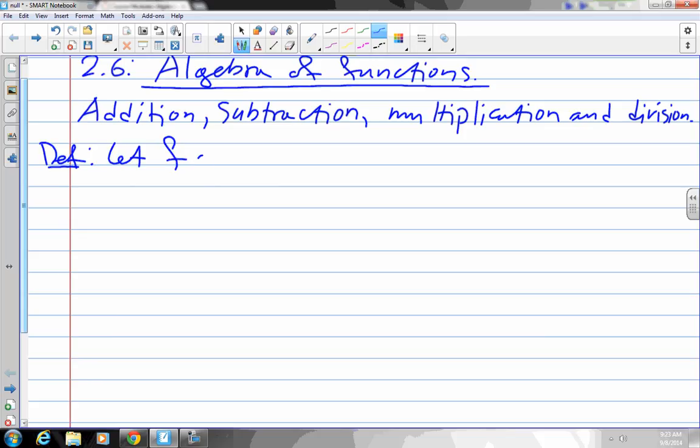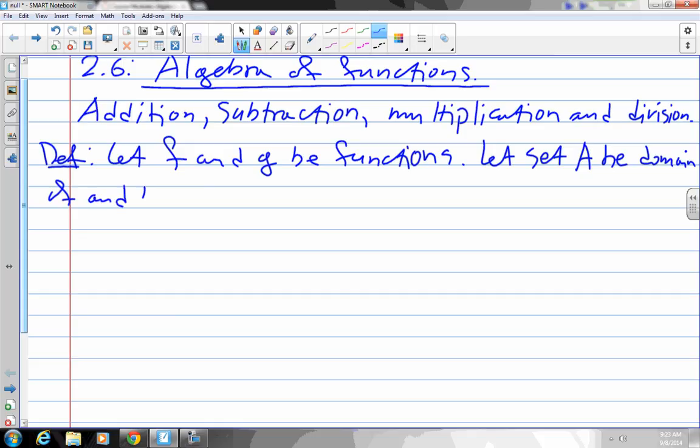Let f and g be functions, and let set A be the domain of f, and let set B be the domain of g.